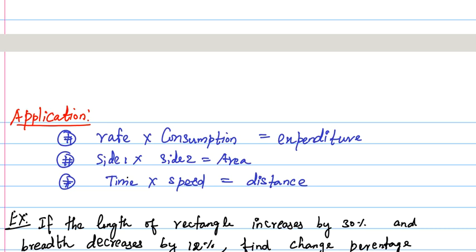If you increase the speed by 20% and decrease the time by 50%, what is the net change in the distance covered? Like this they will ask. From that you can apply this formula and get the final net change of the distance. So I have given one problem.